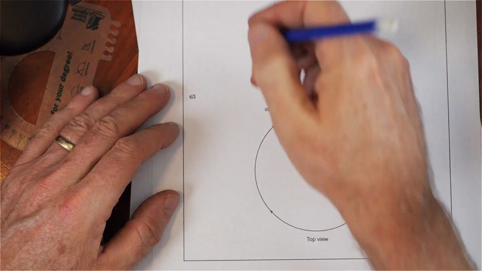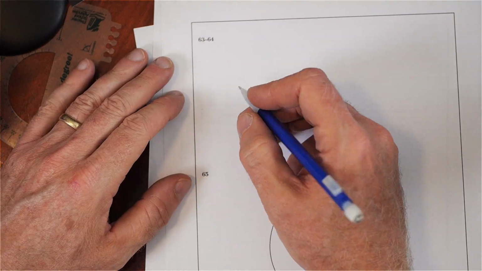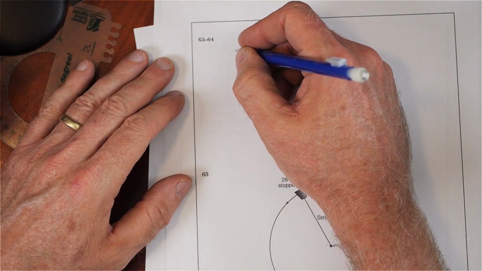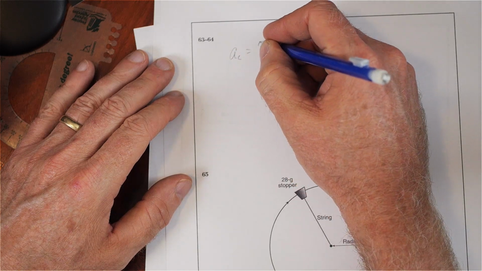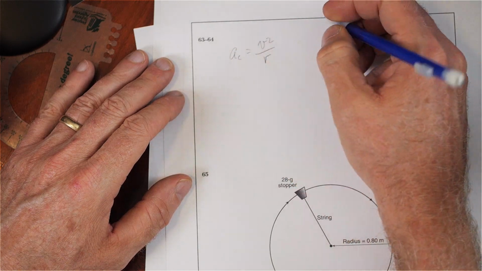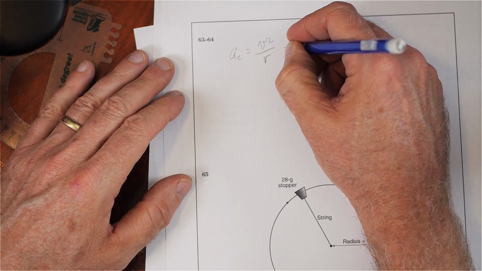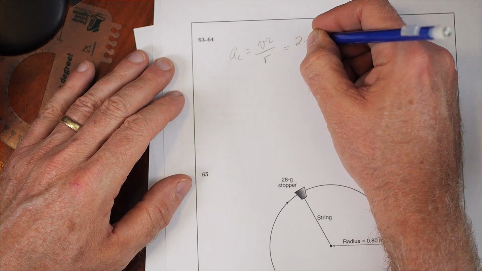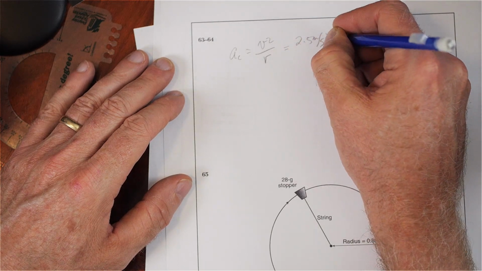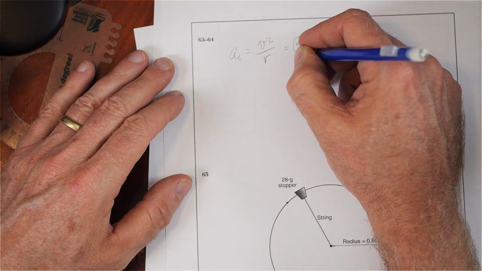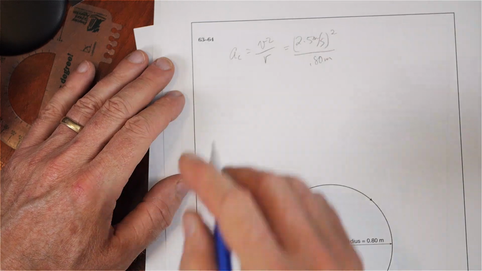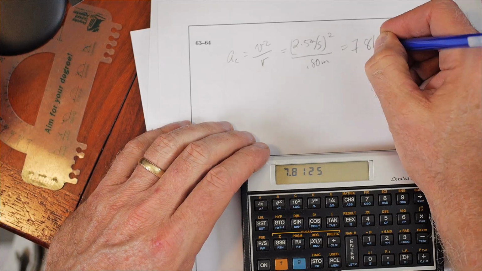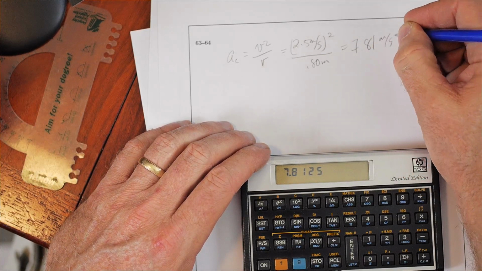All right. Well, centripetal acceleration, a_c equals v squared over r, equals 2.5 meters per second squared over the radius, which is 0.80 meters. 7.81 meters per second squared.